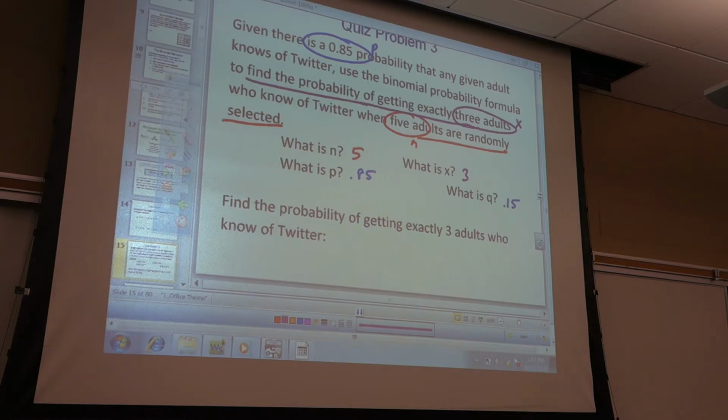Okay, so 5 choose 3 times 0.85 to the third times 0.15 to the second.